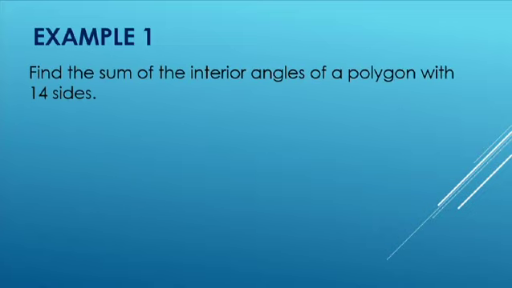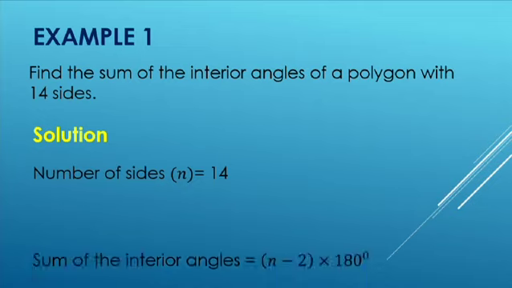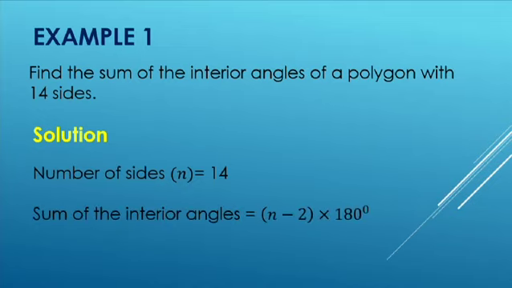Example 1. Now, suppose that you need to find the sum of the interior angles of a polygon with 14 sides, right? Simple. What do you need to do? Well, we know that here the number of sides is 14, right? So the sum of interior angles, if we use the formula, is simply (n minus 2) times 180 degrees.